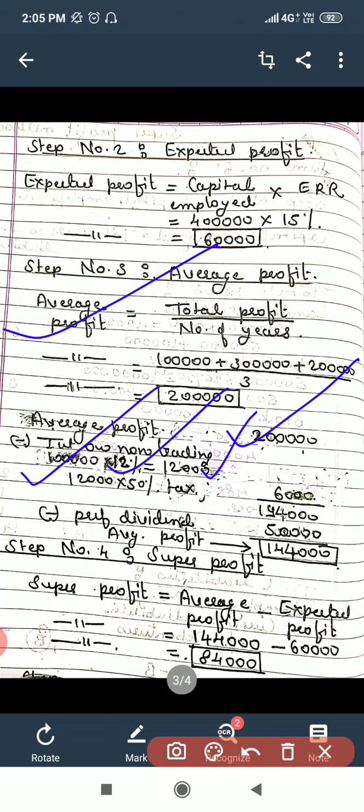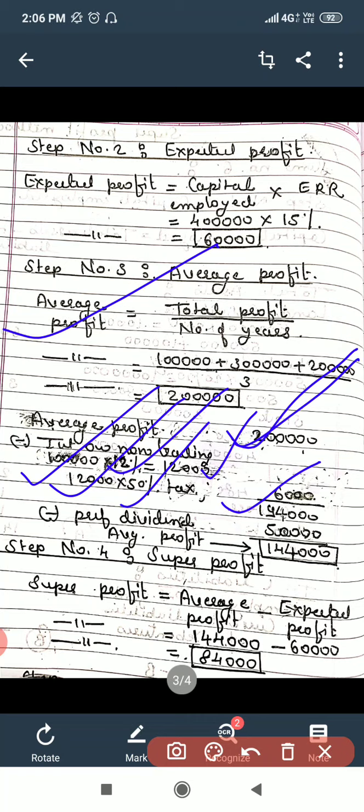Further, we have been provided that the profits which are given to us are after tax, that is at the rate of 50%. It means what? The interest which we have considered over here, again we have to take into consideration the interest that is only after tax, and that is why 12,000 into 50% tax rate, if I can calculate, the interest on non-trading investment which I have to deduct from my average profit is rupees 6,000.